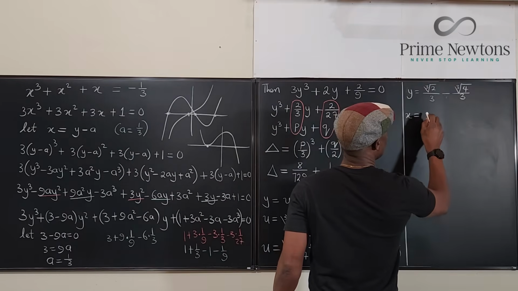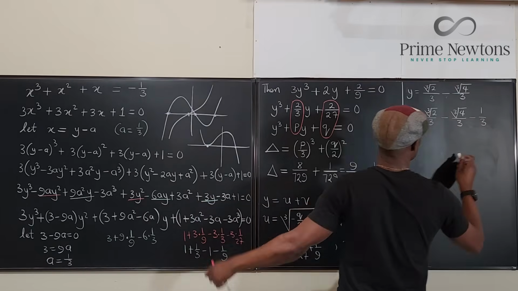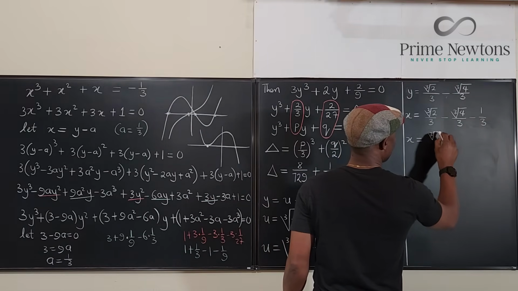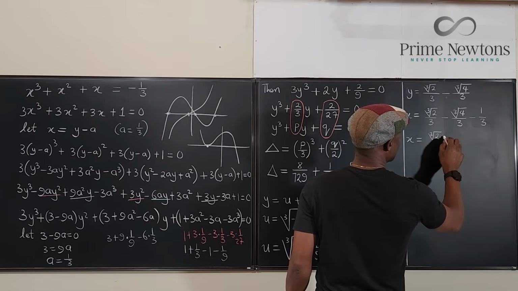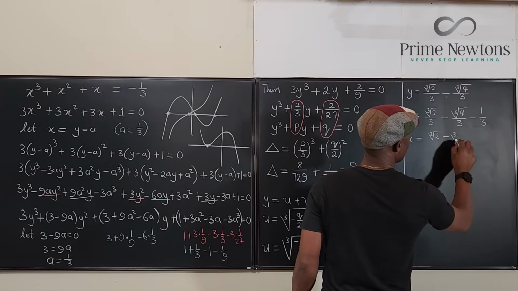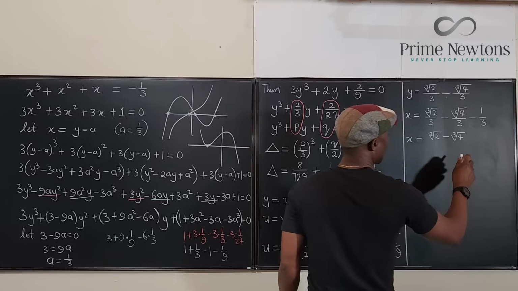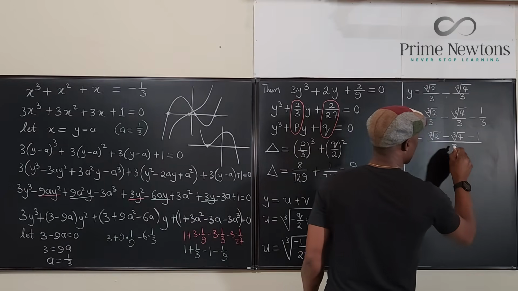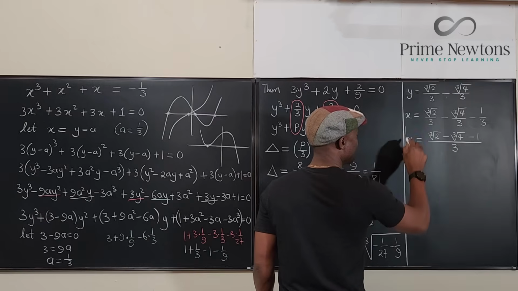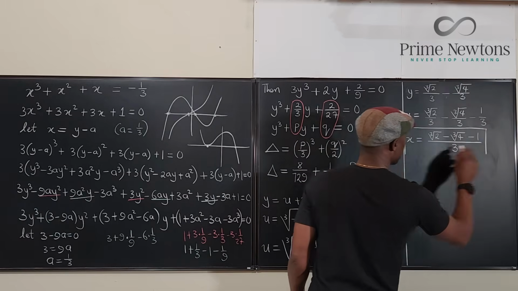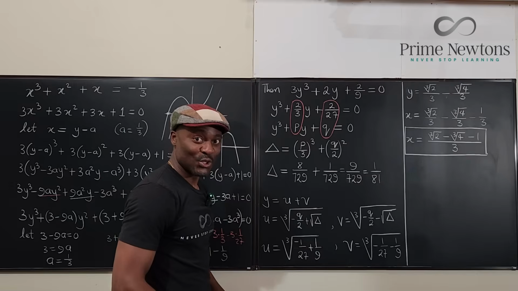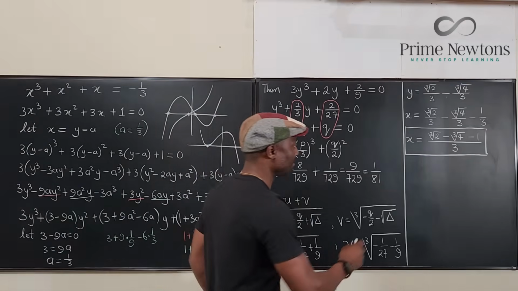So it looks like x equals the cube root of 2 minus the cube root of 4 minus 1, all over 3. This is the only real solution.